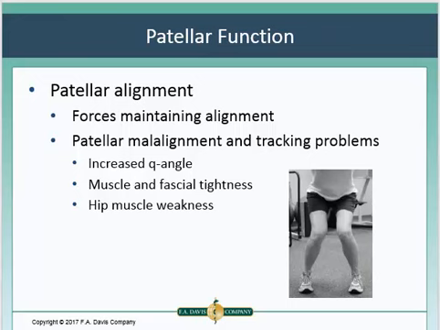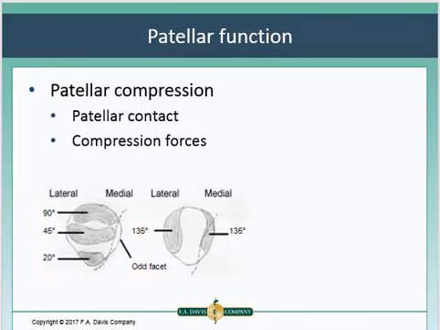In someone that has weak hip abductors or weak external rotators, as they bend their knee, they may move into adduction, which would increase the valgus and also cause an increase in that patellofemoral lateral pull. So as someone bends or straightens their knee, there's different parts of the patella that come into contact with the femur.